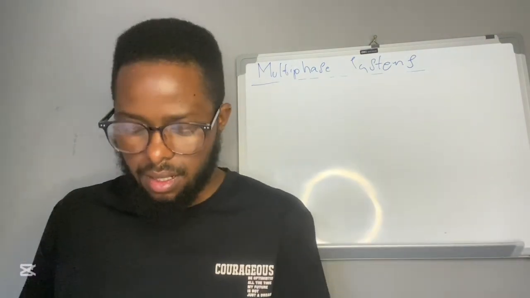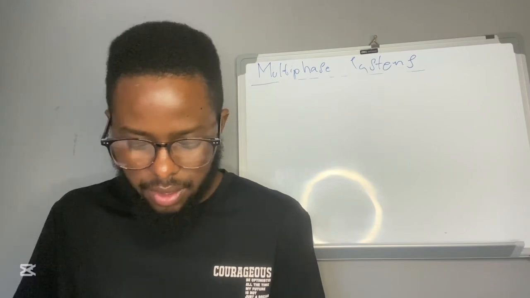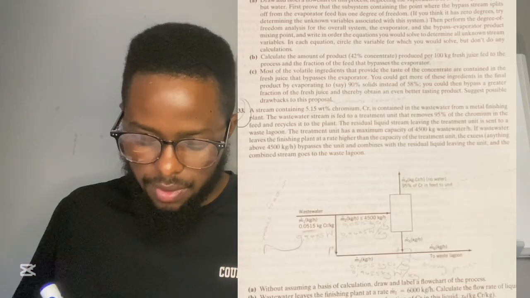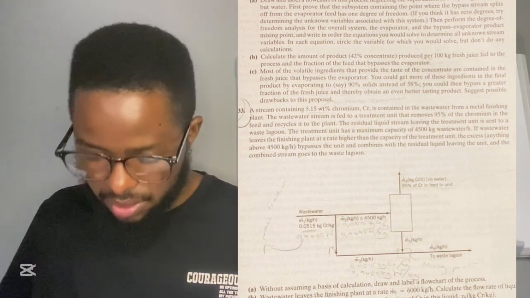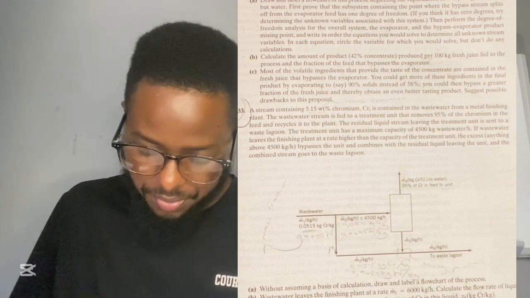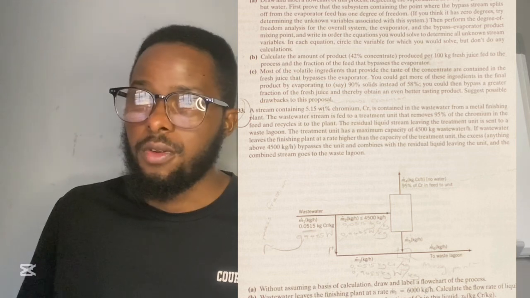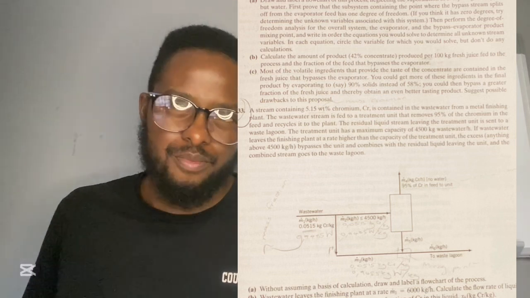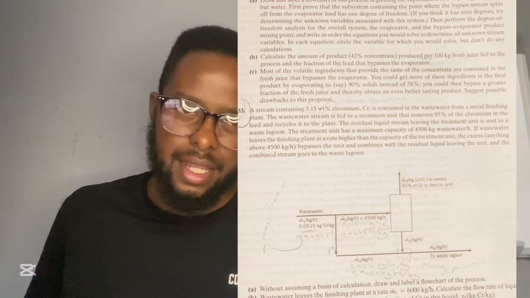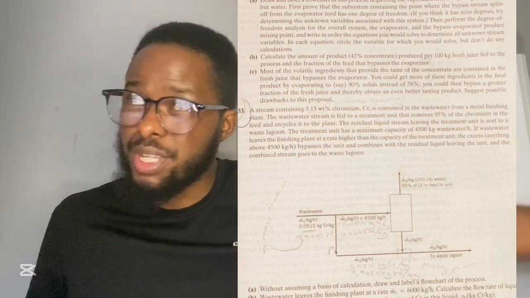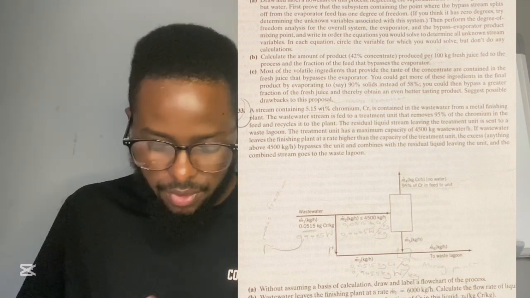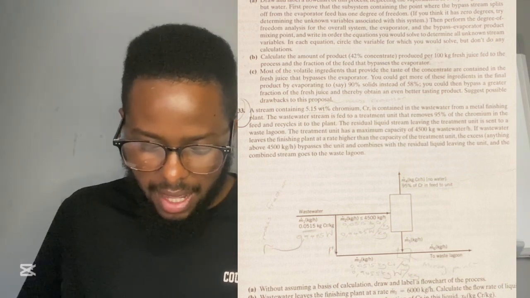The treatment unit has a maximum capacity of 4,500 kilograms of wastewater per hour. What they mean by maximum capacity is that the mass flow rate it can withstand cannot be greater than 4,500.